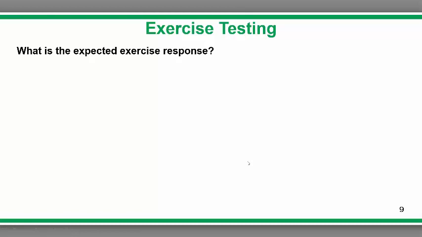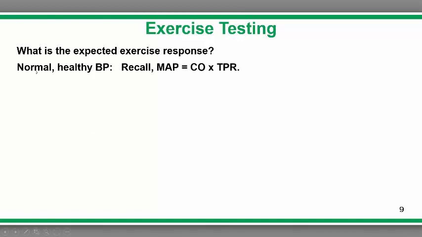Now, to understand some of the concerns with exercise in people that are hypertensive, we begin by examining briefly here the physiological response to exercise. And so consider a healthy, normal blood pressure recording here. Recall that mean arterial pressure is the product of the central factors, which is cardiac output.